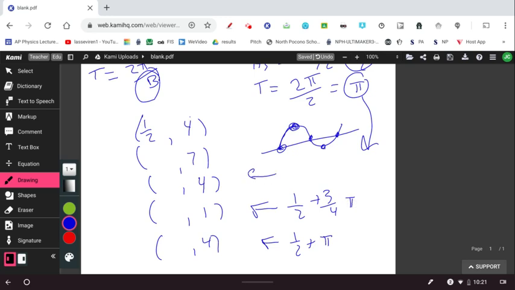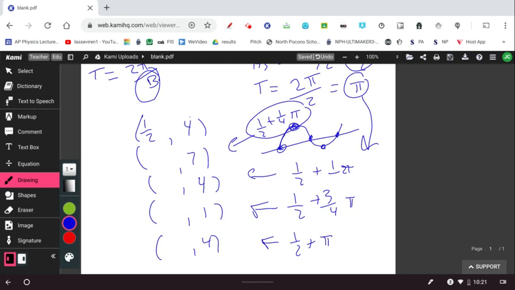This is going to be 1/2 plus half pi. And then this one here is going to be 1/2 plus 1/4 pi. And so you could stick those into your calculator. I'm not sure what those values are off the top of my head, but you could plug them in, get decimals. We like decimals in physics, and you would have your x value.